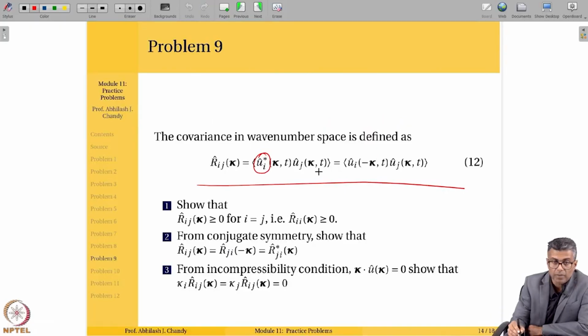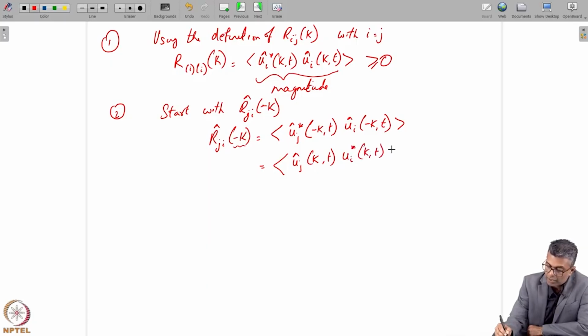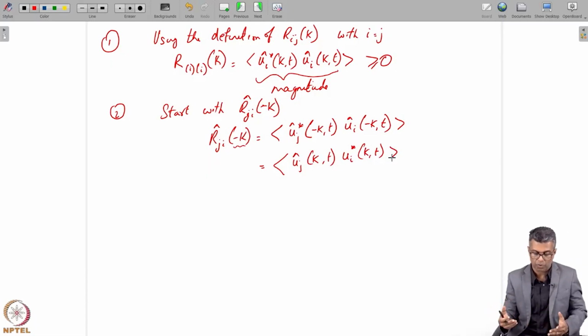Which is what this is, except I had a minus kappa here, so I had to put a minus everywhere. So this becomes uj star of minus kappa becomes uj hat of kappa comma t, and then ui hat of minus kappa becomes ui star of kappa comma t, isn't it? The minus kappa just becomes the conjugate.